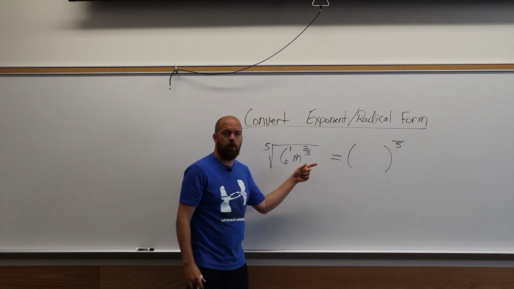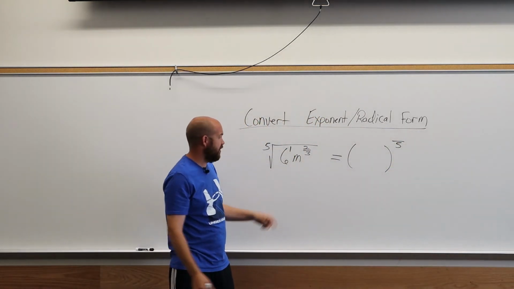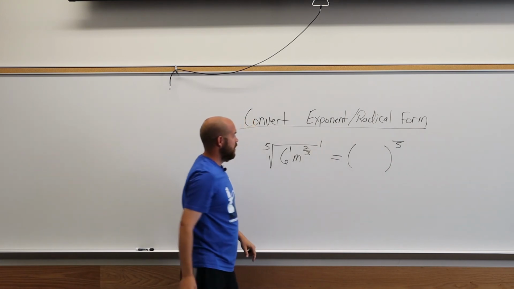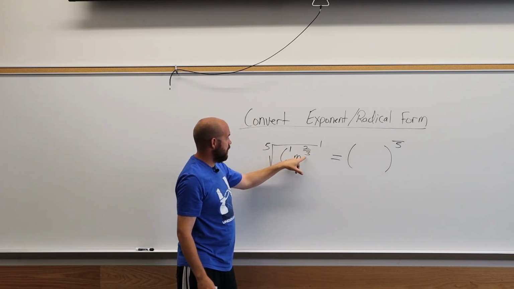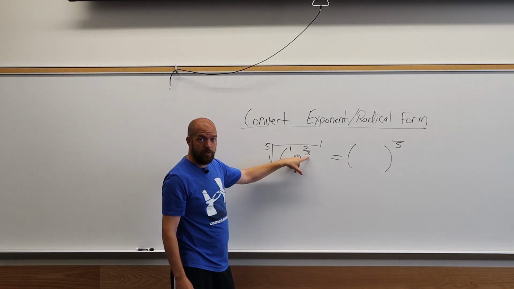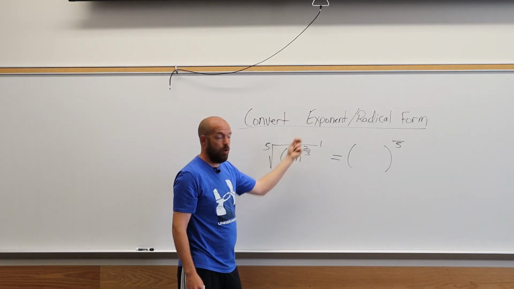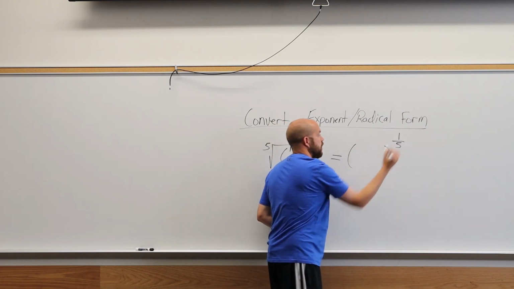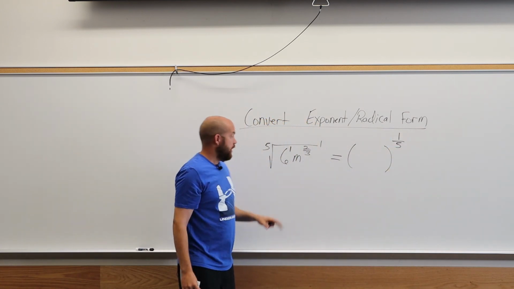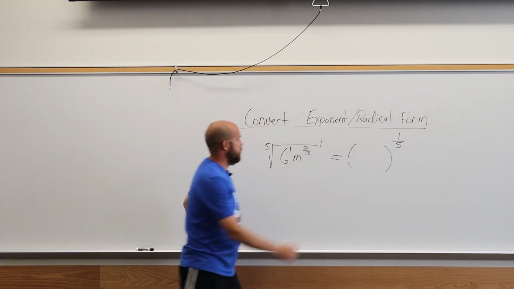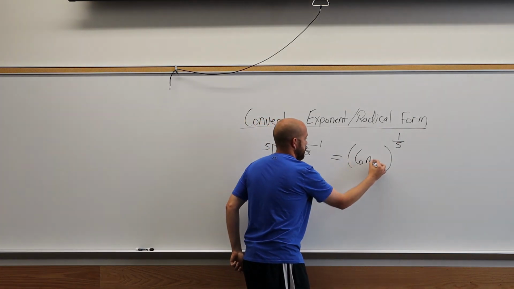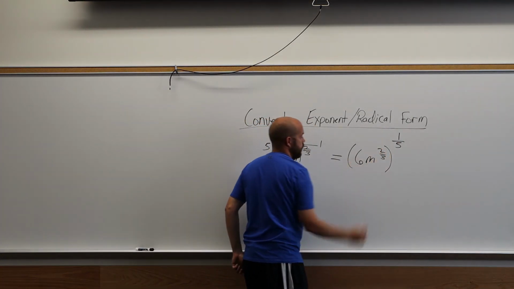What is the power for all of it? I guess all of it has its own 1 power. The m has a 2/3, but that's just for the m. So I'm going to make all of this to the 1/5 power, and everything on the inside would be 6 to the 1, m to the 2/3.